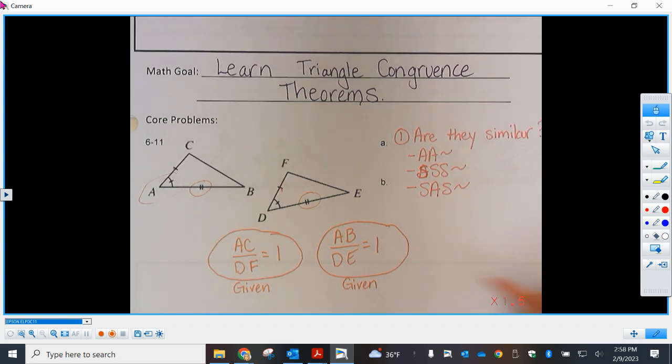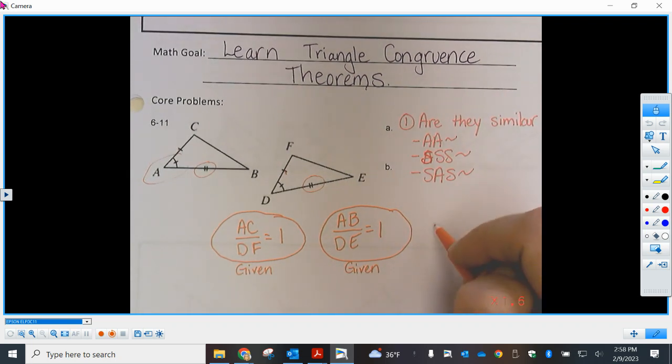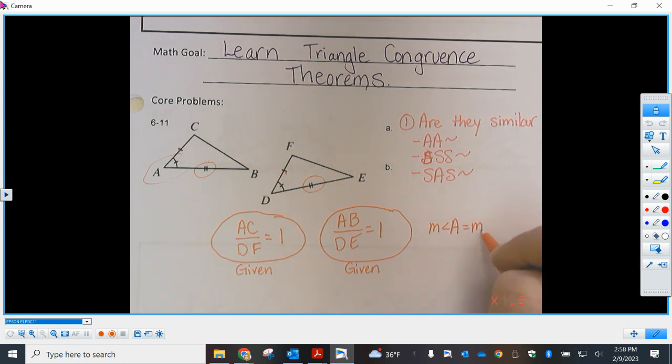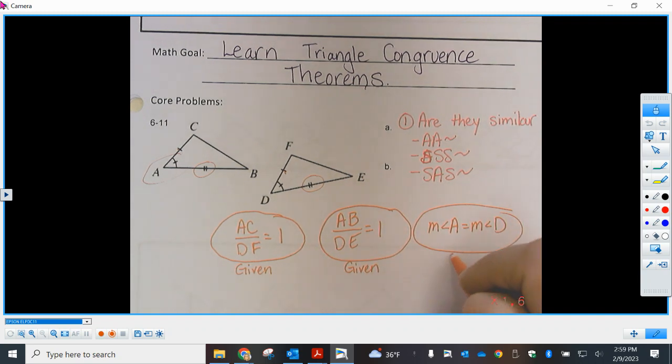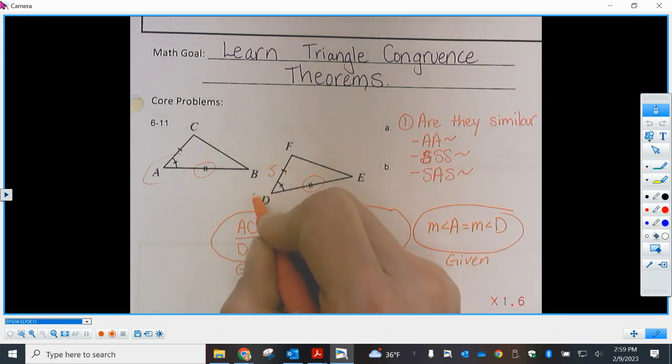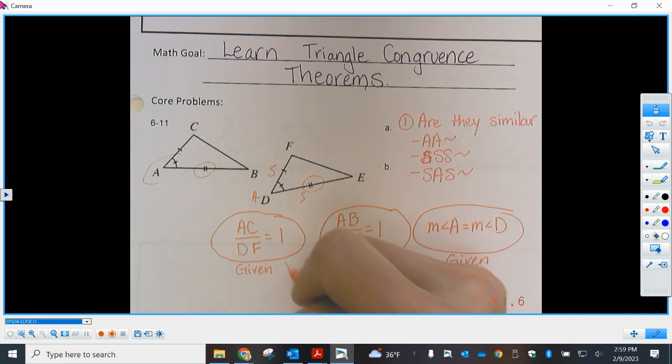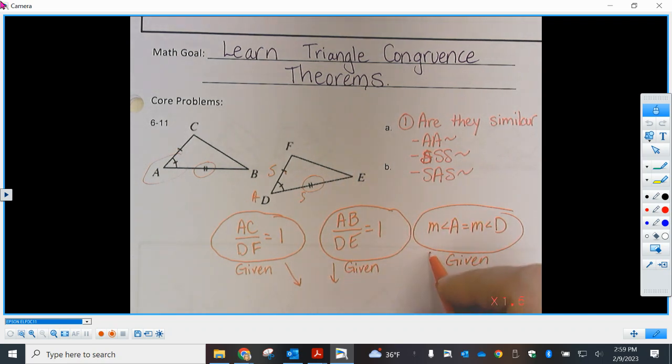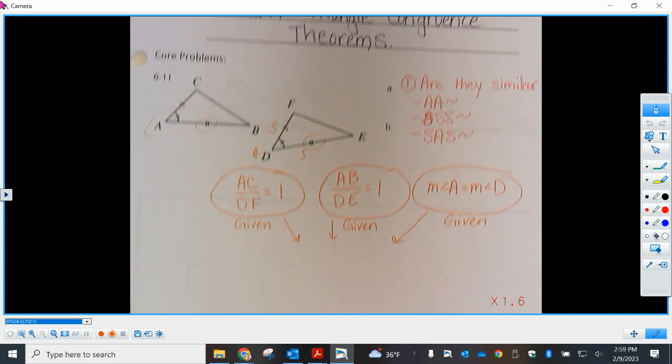Then we're given that these angles are the same, so the measure of angle A equals the measure of angle D. That was given. So I can see on my picture that we have side, angle, side. So these triangles are similar, and that's step 1.